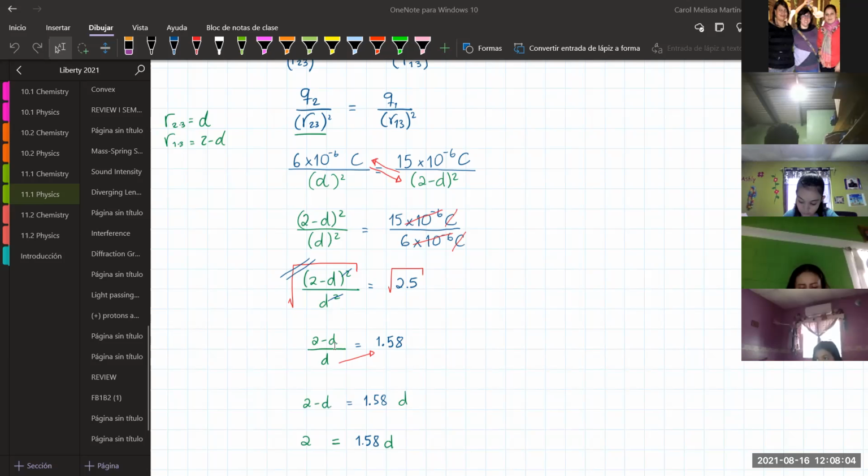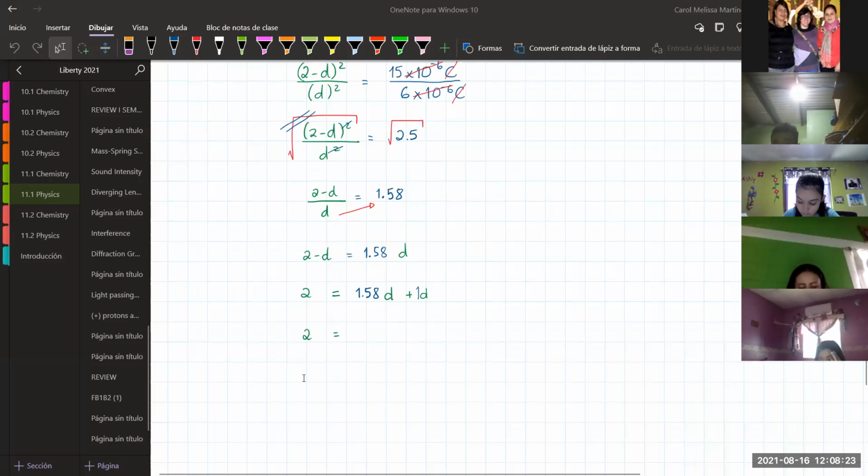So now you will have 1.58 d plus d, okay? Remember, when you don't see the coefficient, it's an invisible 1. So you continue, you say 2 is equal to 1.58 plus 1 will give you 2.58 d. This is what we know as like terms, okay? We have the same variable and it's being added. So we have 2.58 d.